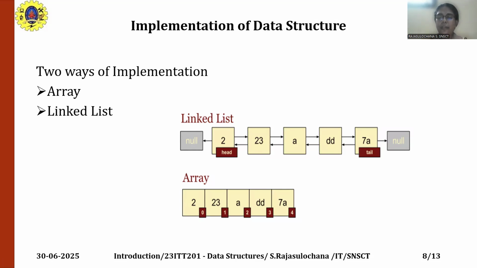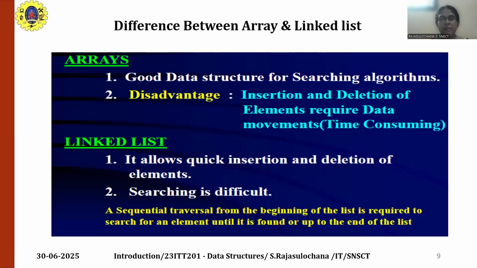Here the size of the array is 5, so you may not notice a huge difference, but assume the size of the array is 5,000, and I want to insert an element in the second position, I have to shift 4,999 elements, which is a time consuming process. Similarly, the same goes for deletion. If I want to delete the second element, I have to shift elements one position left. If the size is 5,000, I have to shift 4,999 elements. So both insertion and deletion are time consuming processes.